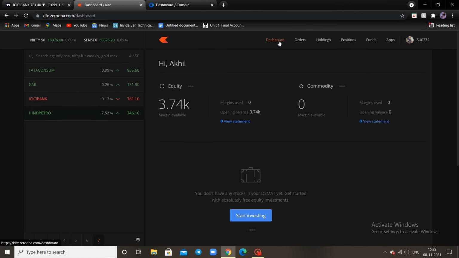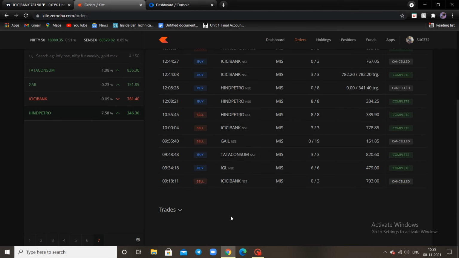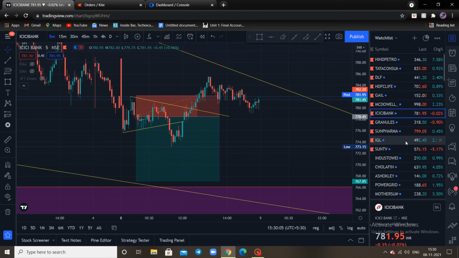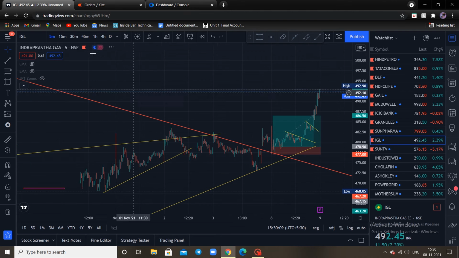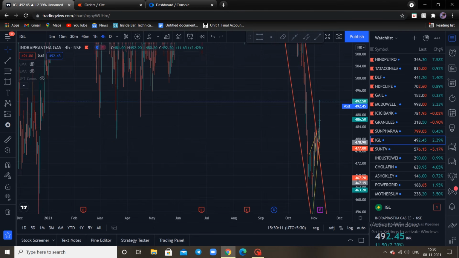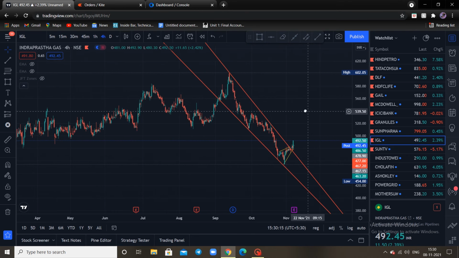And my trading setup, as per my first trade in IGL, I bought IGL at 479 rupees. What I'm looking for when I'm trading, my strategy is I totally look for price action.